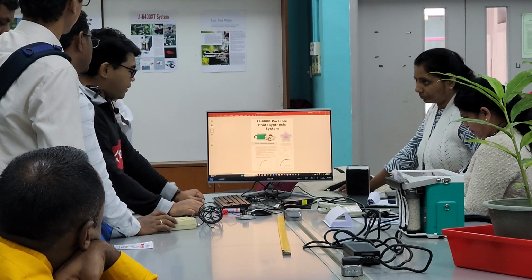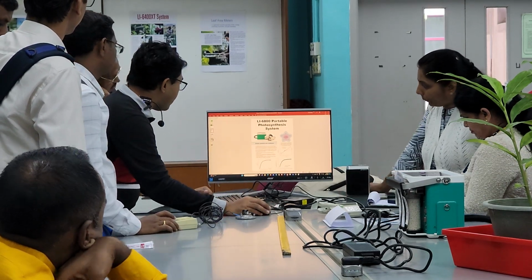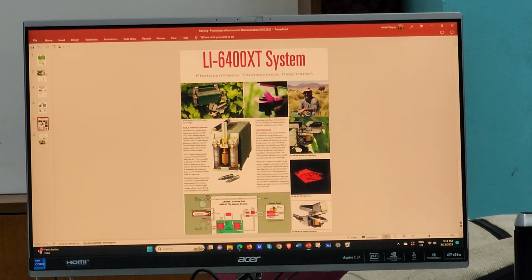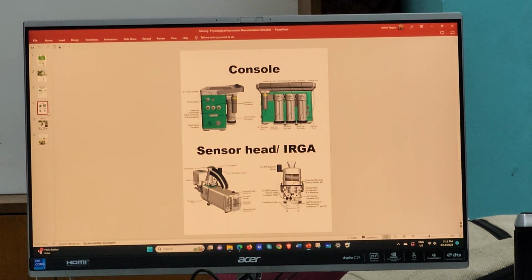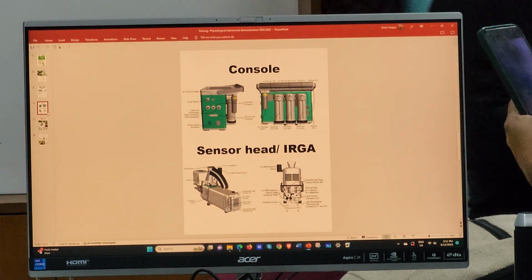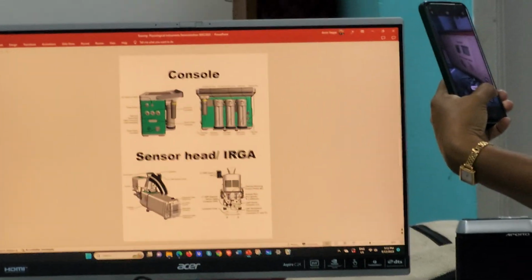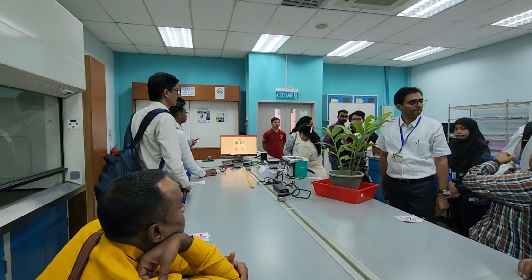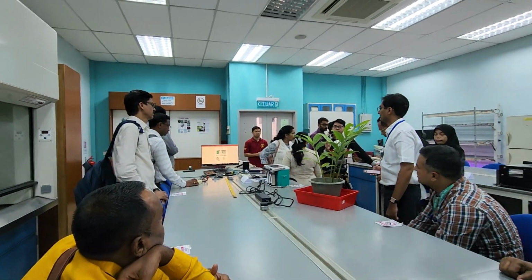All right. Now we can have a look at these two. These are the photosynthesis machines that we have here. We've got two machines, both meant to do photosynthesis, hence the name Portable Photosynthesis System.